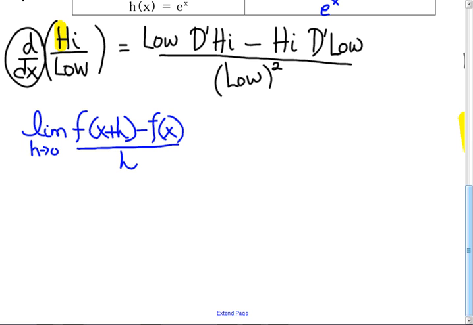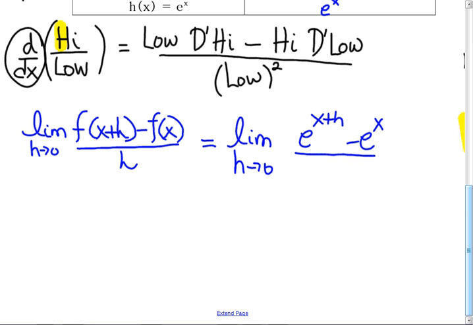So for e to the x, it's going to be equal to the limit as h goes to 0 of e to the x plus h minus e to the x all over h. And then we have to remember properties of exponents. Remember, x to the m times x to the n is what?